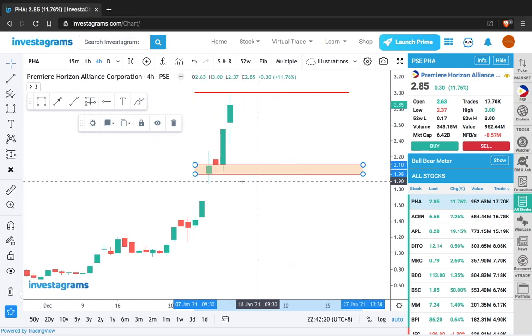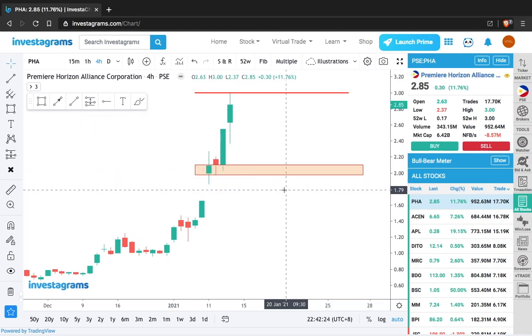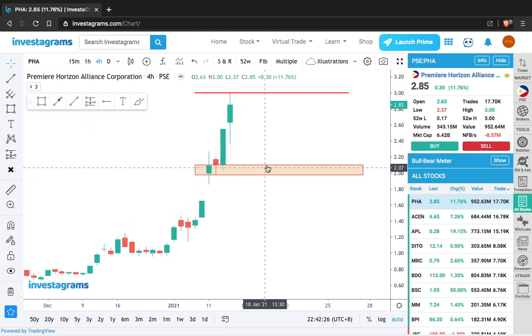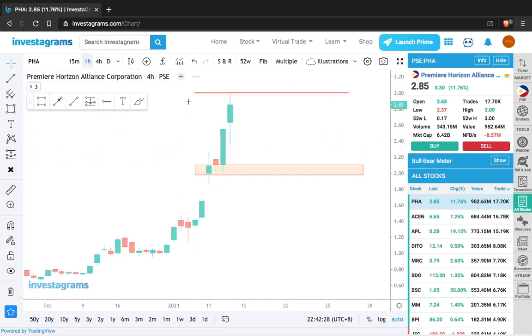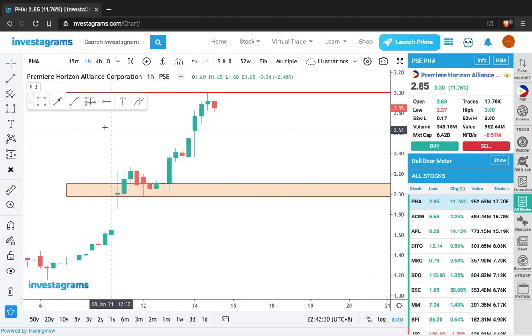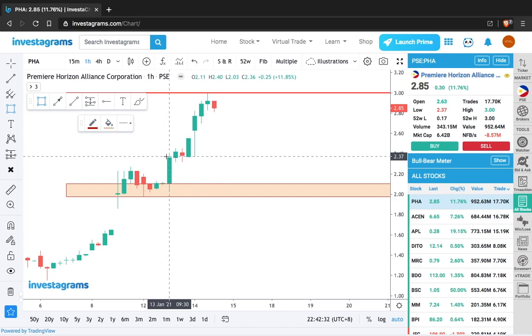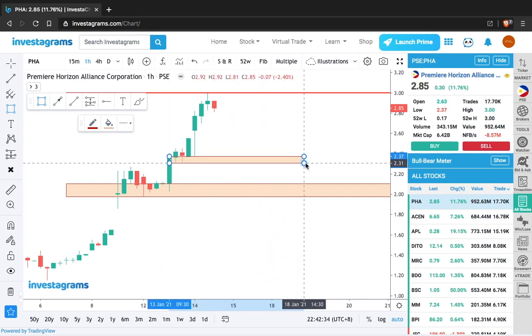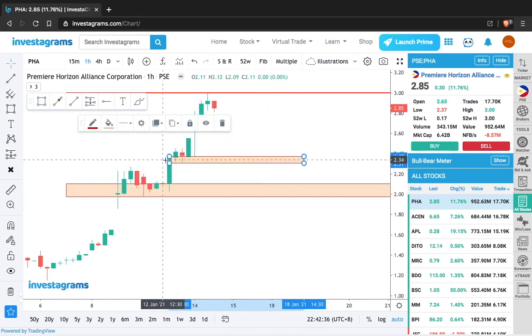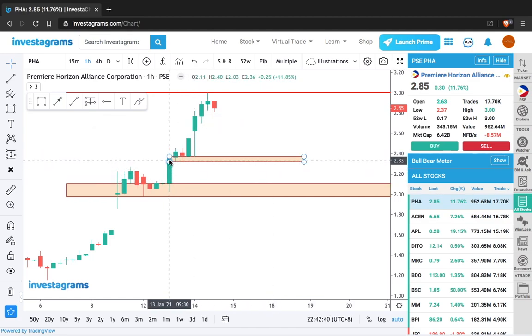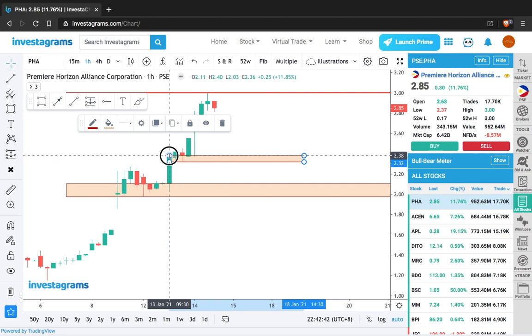So if I'm looking at this, immediate support, there you go. That's how I find support. But maybe if we go to a lower time frame, we would see more story right here. We could also find another level of support right here. There you go. It was touched once, twice, so I can count that as my immediate support.